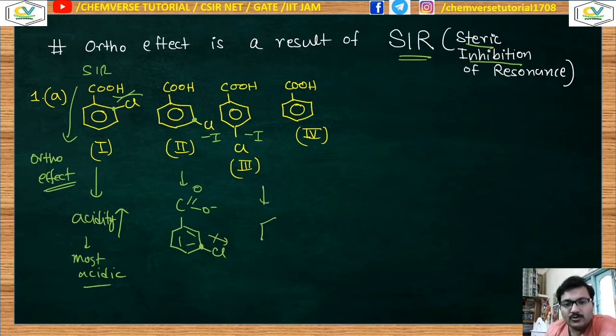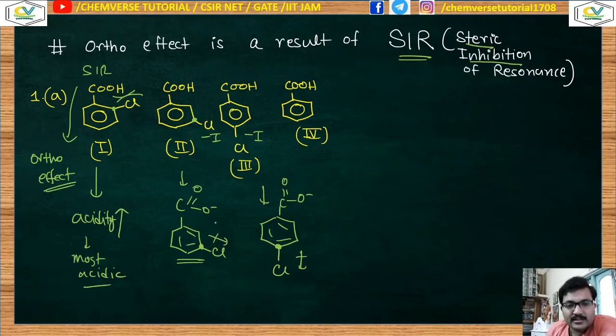And if you draw the conjugate base of this third one, it will have a conjugate base like this, where it is present at this position. Here also the electron withdrawing minus I effect is operating, but it is distance dependent, so more effect is observed in this case. So overall this is negatively charged, and it is pulling electron density from the benzene ring, so it increases the ease of proton donation.